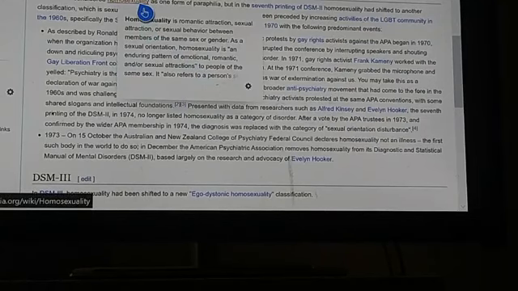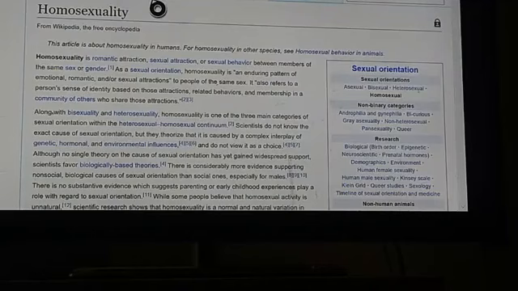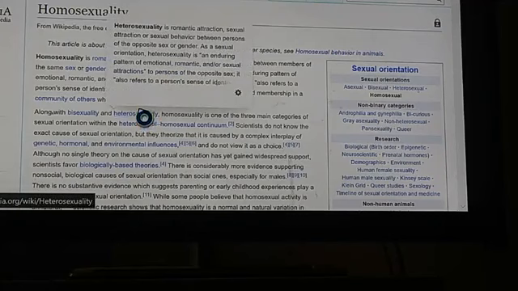Let me click on it so you can get the full definition. It also refers to a person's sense of identity based on those attractions, related behaviors, and membership in a community of others who share those attractions.